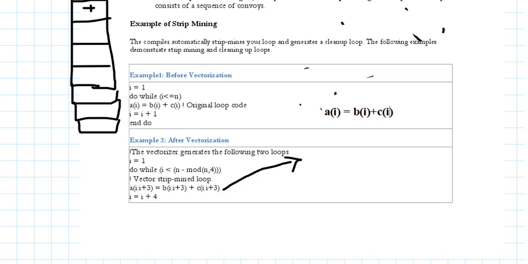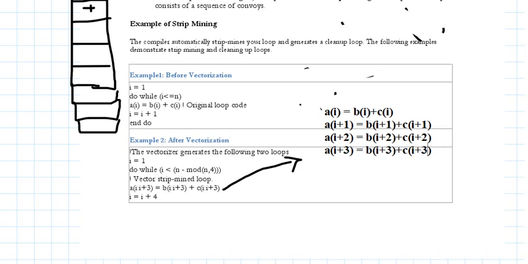I'll just paste them here. a[i+1] equals b[i+1] plus c[i+1]. Then a[i+2] equals b[i+2] plus c[i+2]. a[i+3] equals b[i+3] plus c[i+3].